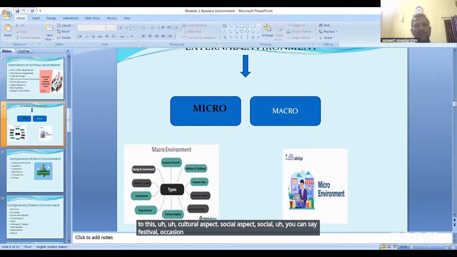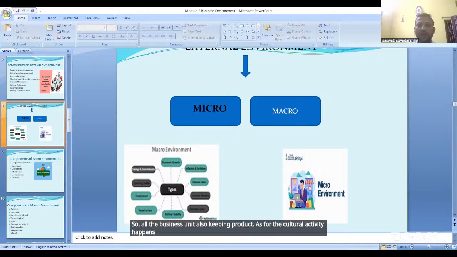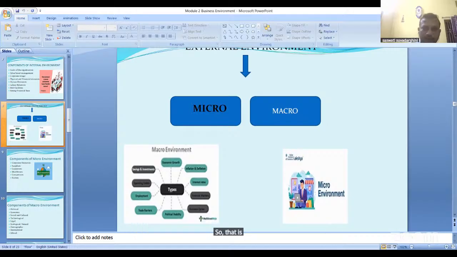In present times, in Odisha, Durga Puja and all these festivals are very nicely celebrated. So all the business units also keep products as per the cultural or social activity. That is how you manage the environment in an effective way.